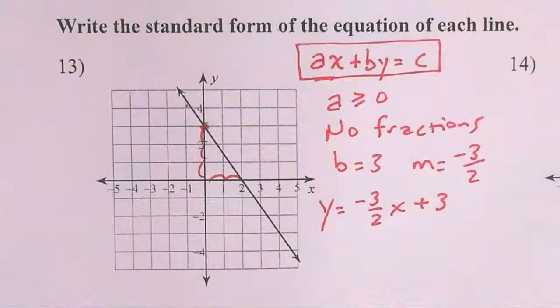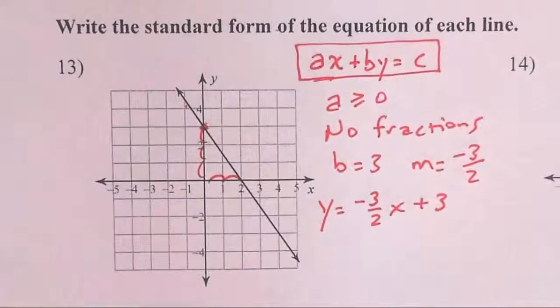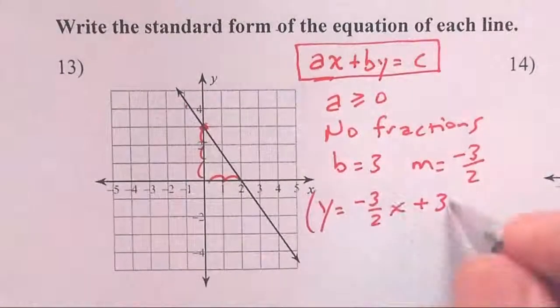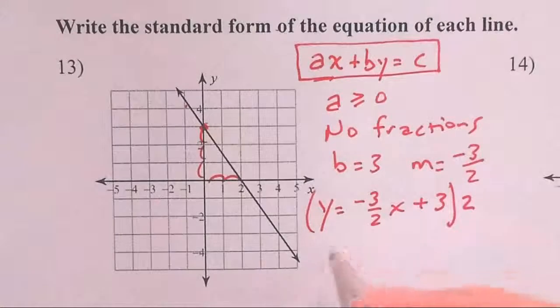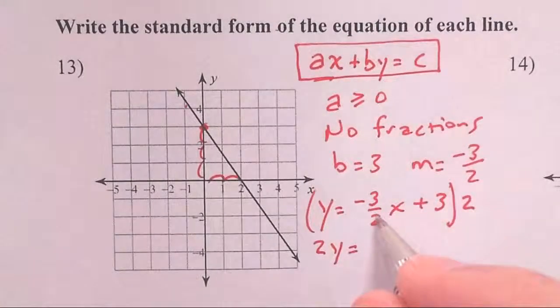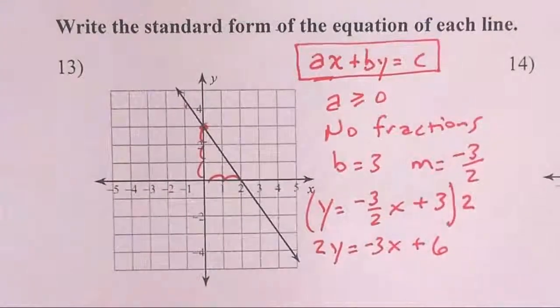So no fractions, and a, the number times x, needs to be greater than 0. I need my x and y on the same side. First thing I'm going to do is eliminate fractions. I'm going to multiply both sides by 2. So I get 2y equals 2 times negative 3 halves is negative 3x plus 2 times 3, 6.